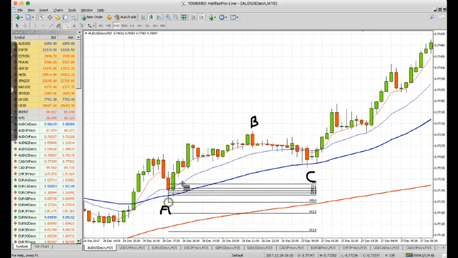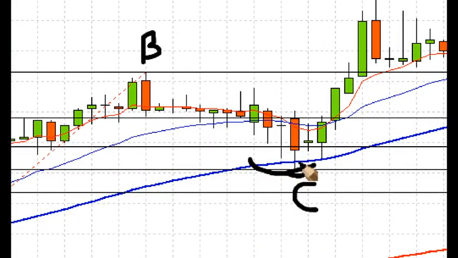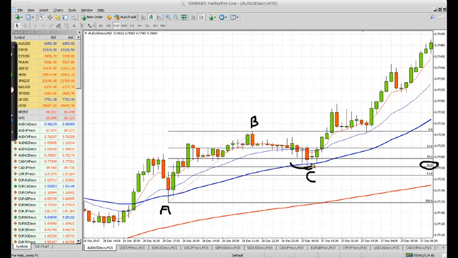Click A to B and C. So you can see this level is exactly at, let me just give you a second. Again, this is at the 50% level, right? And again, it is finding support at the 50 moving average. So moving average support, Fibonacci support, high confluence buy area. And that's how we catch the next wave up.